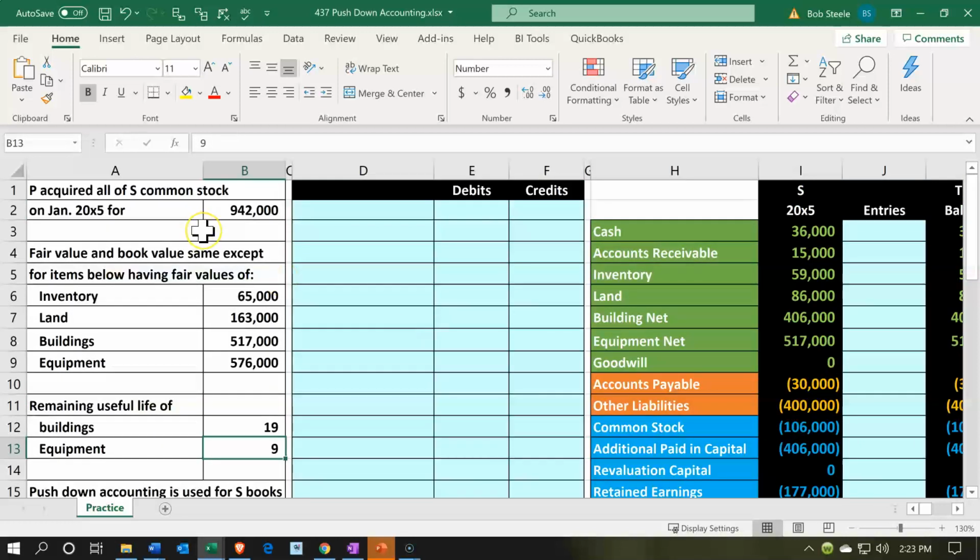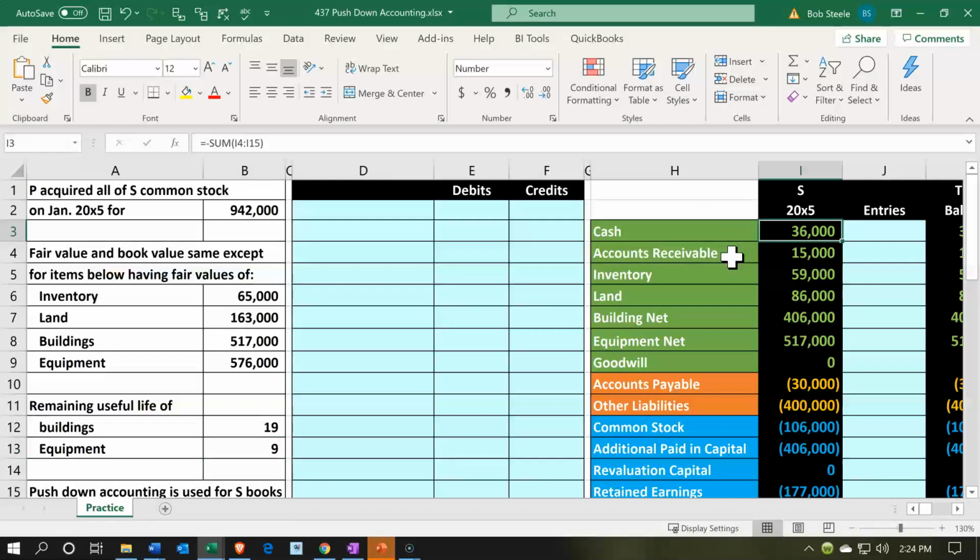P purchased S, and now instead of doing the adjustment to fair value at the point in time we do the consolidation, we're concerned about the consolidated financial statements being as easy to prepare as possible. So what we would like to do is revalue S's books here, because note what happened. P purchased the stock of S. So that means this trial balance for S typically wouldn't change at that point in time.